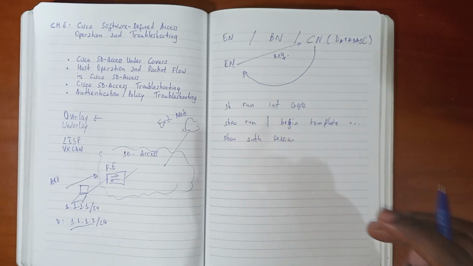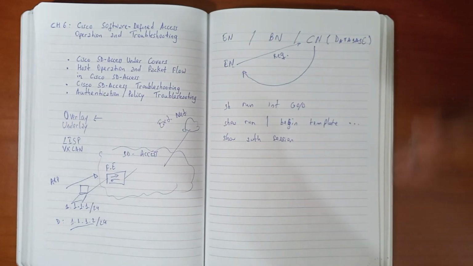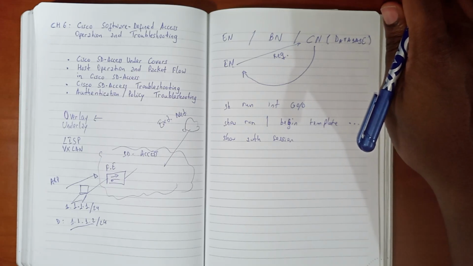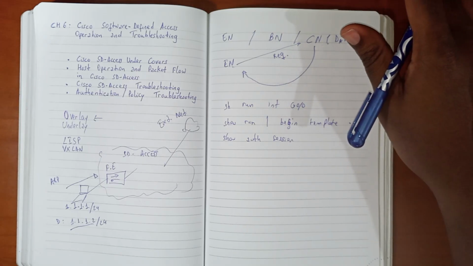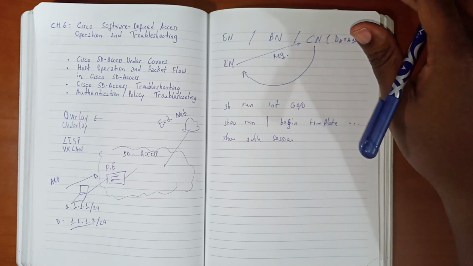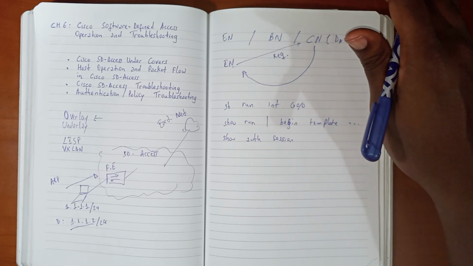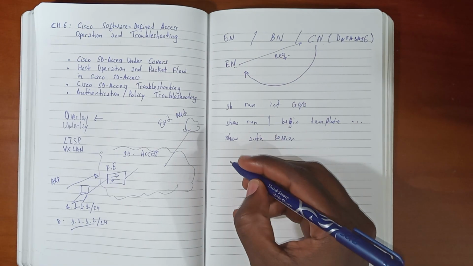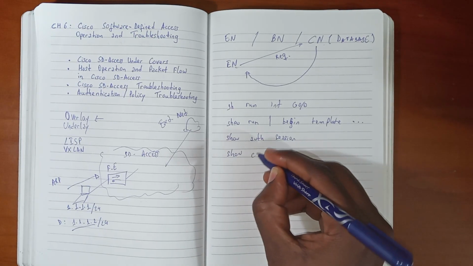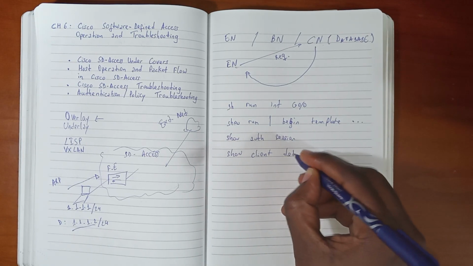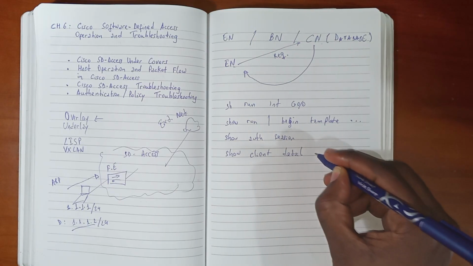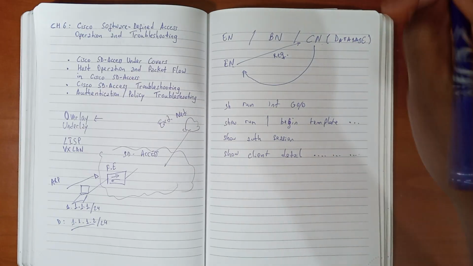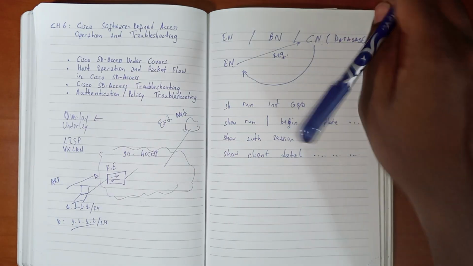We can also do this command inside a specific interface and see the details, to see the information about what specific attributes this interface received, and we can also see the information inside the wireless LAN controller, like show client details, and we'll give the MAC address of the specific wireless device we are trying to investigate.